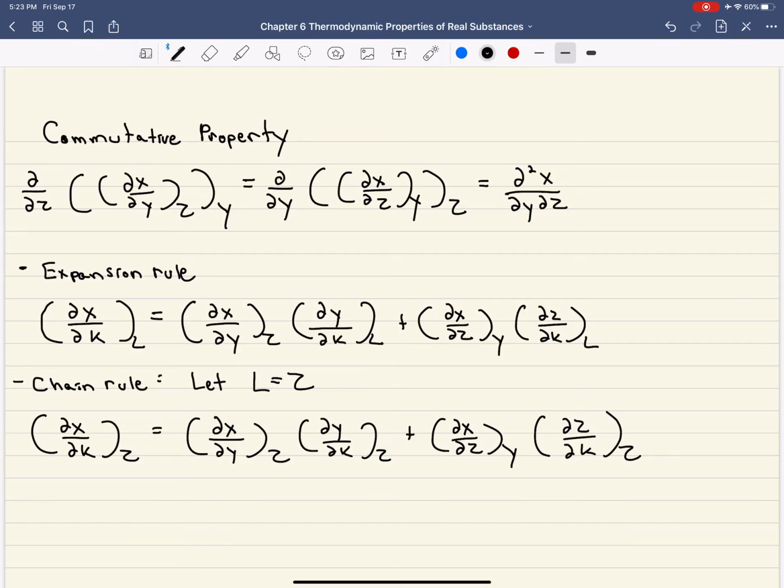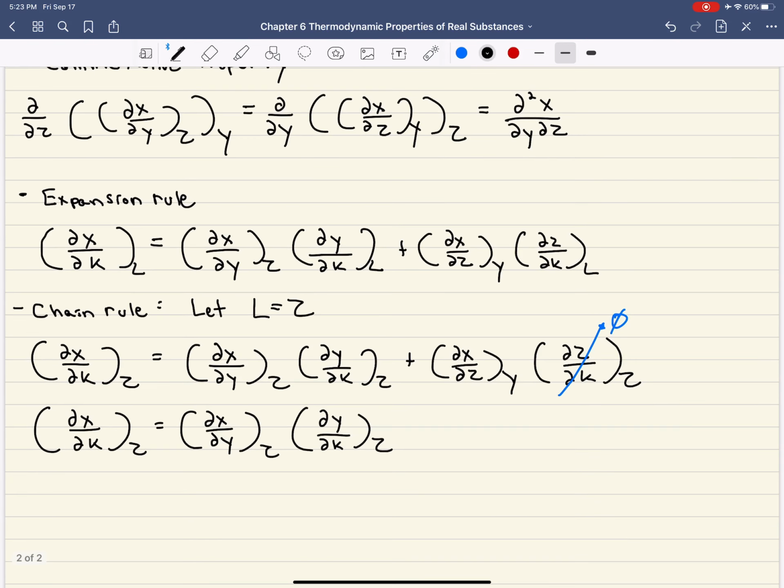Okay? But once again, we have dz dk at constant z. That is equal to 0 because we're taking the derivative of a constant. And so what we're left with is dx dk constant z is equal to dx dy constant z dy dk at constant z.